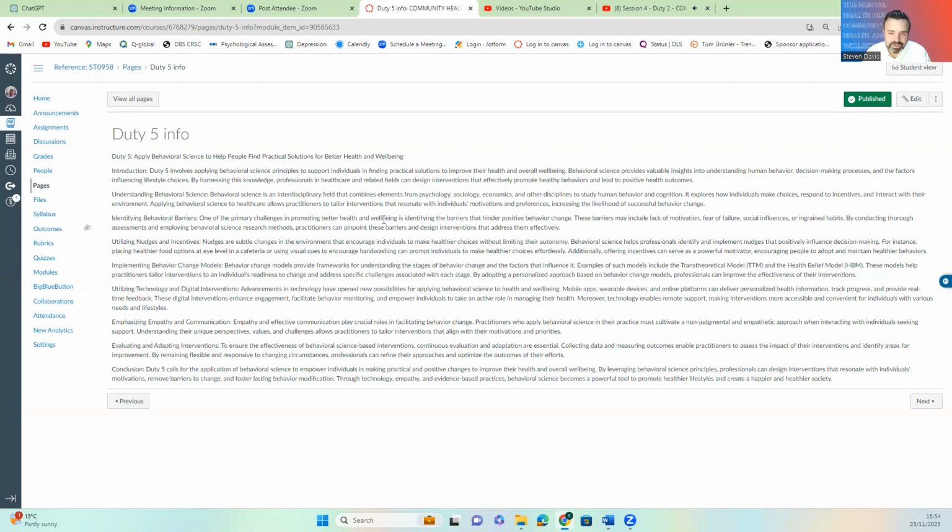Implemented behavioural change models. So again, utilising nudges and incentives. Nudges are a suitable change to the environment that helps individuals make healthier choices. If you've never done nudge training before, you go into my course box, you can do nudge training. But nudge training is just, look, here's some information. Maybe that's helpful.